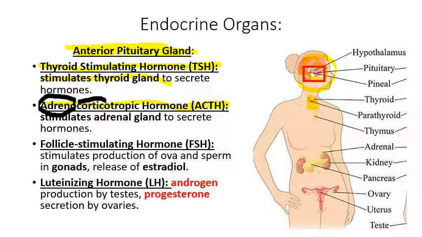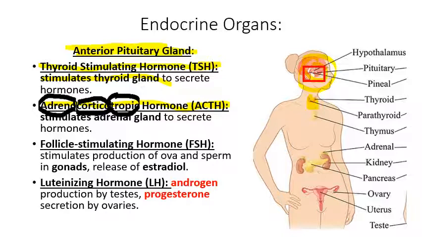Cortico refers to the fact that this hormone stimulates the adrenal gland cortex to release hormones, and tropic means that it's a tropic hormone because the adrenal glands are considered to be endocrine organs as well. So whenever you have one hormone telling another endocrine gland what to do, we refer to that as a tropic hormone. So adrenocorticotropic hormone is obviously a tropic hormone. It's right in the name.